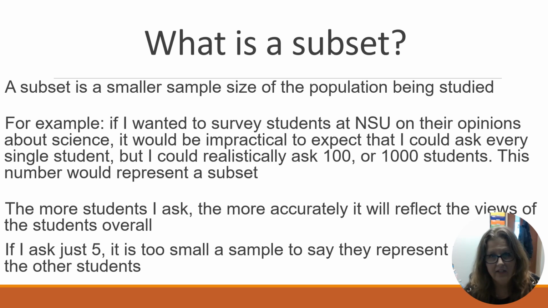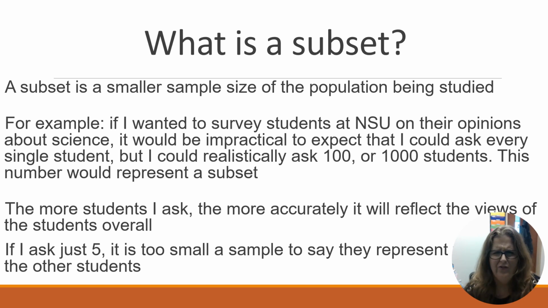If I just went to the science building and picked students, chances are students who are in the science building, especially if I went to, let's say, an upper level science class, maybe like a microbiology or something that not every student would take, there might be some biased opinions there because they are most likely majoring in science. So maybe theirs would be favorable right off the bat because that's what they're majoring in.